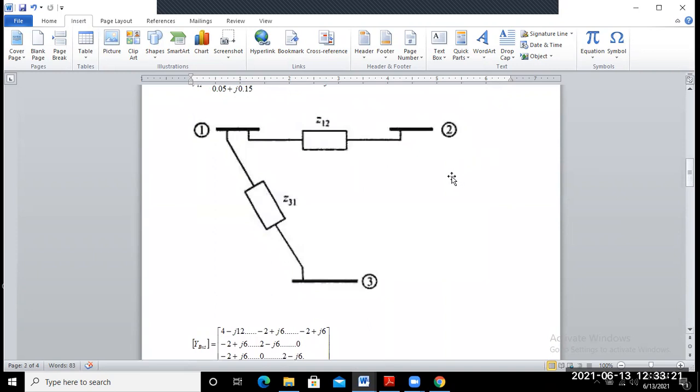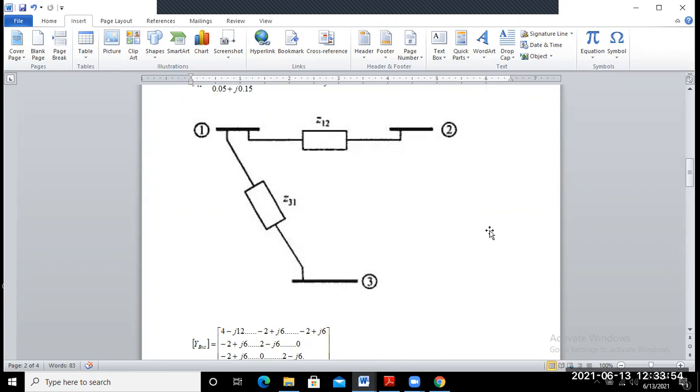First of all, try to eliminate the transmission line and regulating transformer and find the Y bus admittance matrix. And in the next step, you put in the regulating transformer and transmission line between the two buses, bus number 2 and bus number 3. Then find the separate Y bus matrices and sum them, and you will get the resultant Y bus matrix.